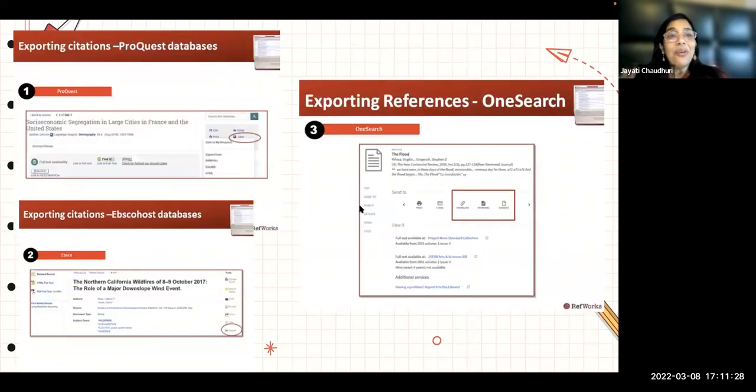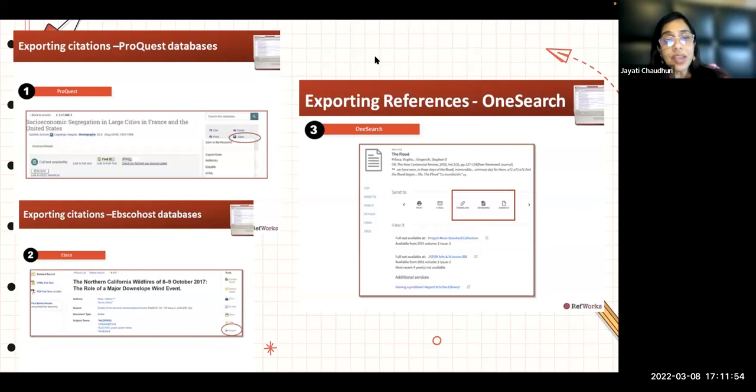So now here on this slide, I have put screenshots of different databases, namely the most important ones, like the EBSCO databases, the big ones, the ProQuest databases and the screenshot of the OneSearch databases page. And I have also highlighted the areas where you can click to export your citation to RefWorks.